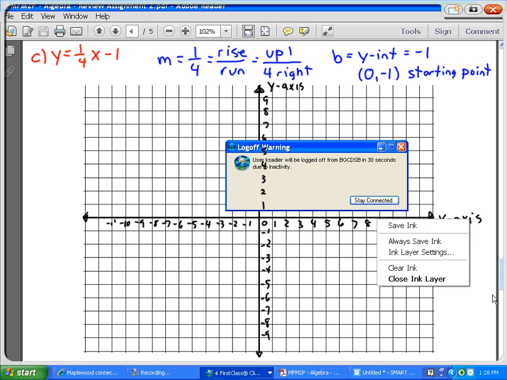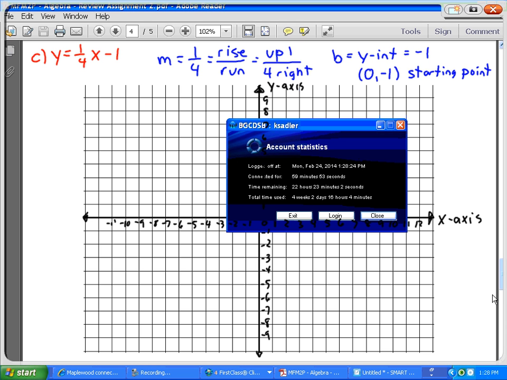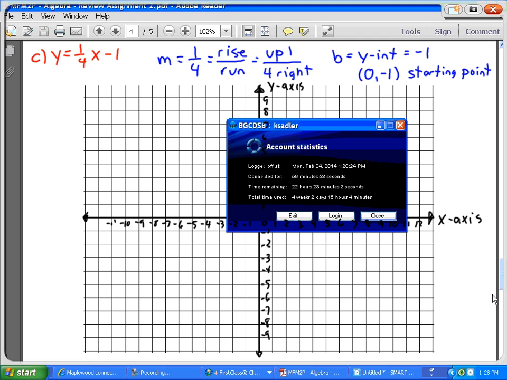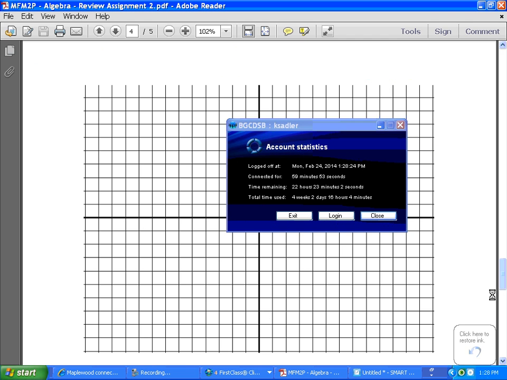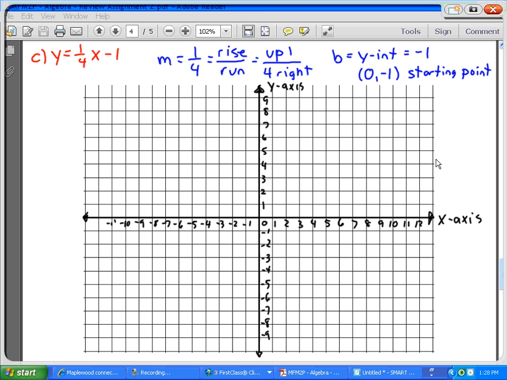No, I like that noise. It's my unpressed noise. Oh, it's on computer. Saving. Ah, no, that's what I wanted. Oh, shoot. Just close it. Just press the X. Mr. Sadler. Hey!